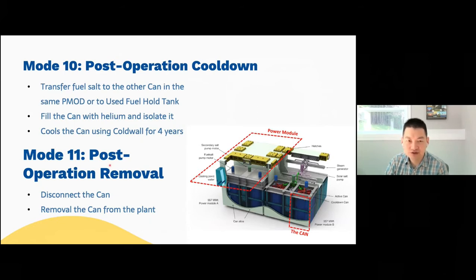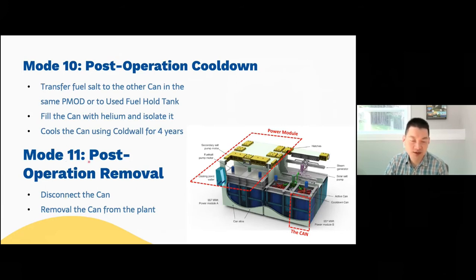After 4 years, when the radioactivity is relatively lower and the temperature is lower, it's ready to be removed, because every 4 years we have a new can. So this can stays here, operated for 4 years, cooled for 4 years. After 8 years, it'll be removed, and a new can will come.